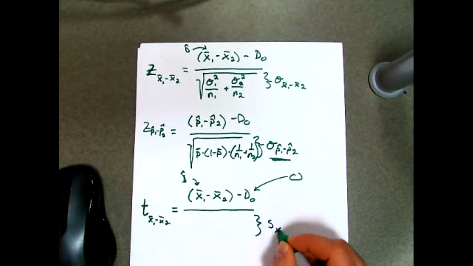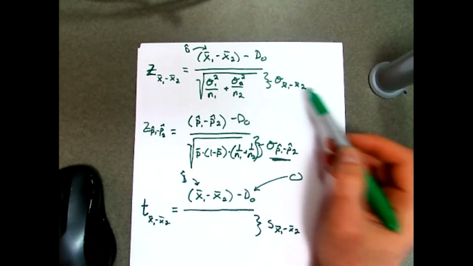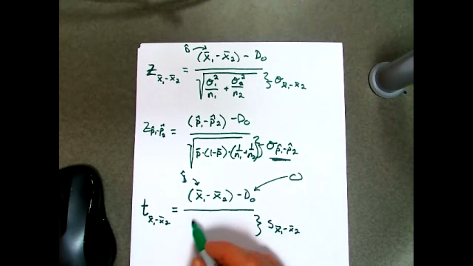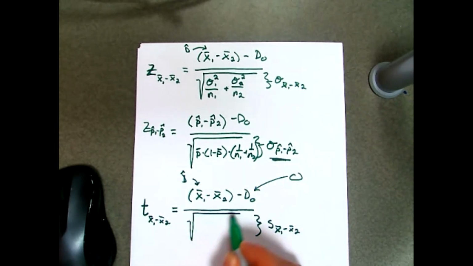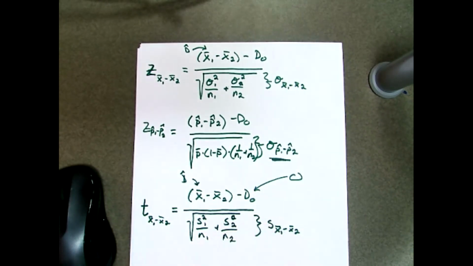It's just the notation changes now to represent that we calculated the standard deviation, but we did so using the original sample variances as opposed to known population variances. Okay.